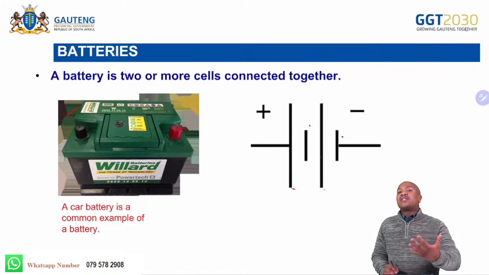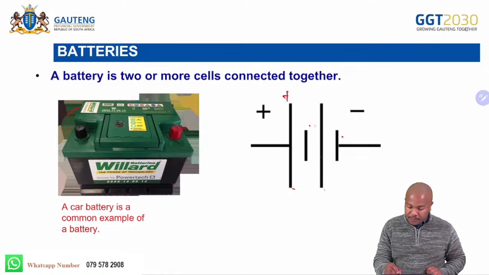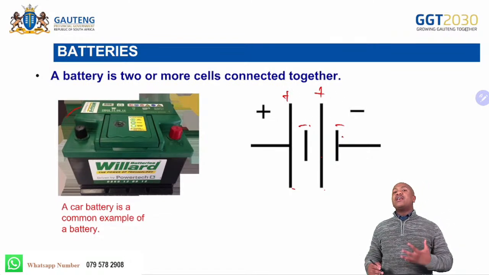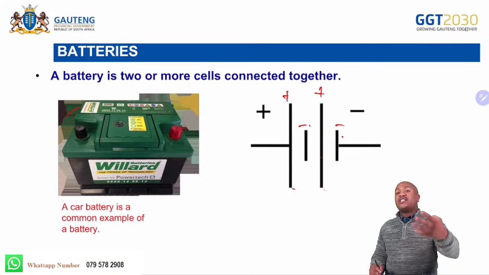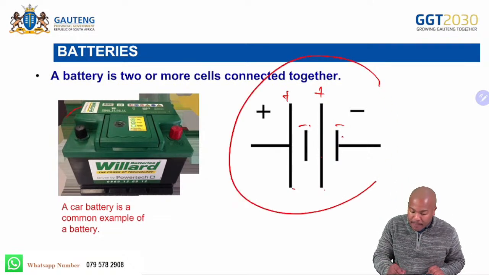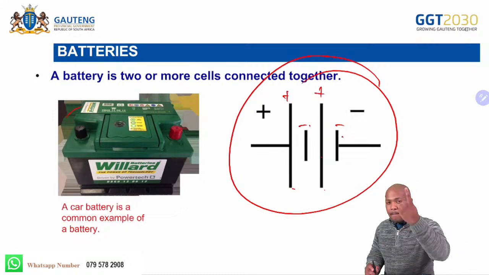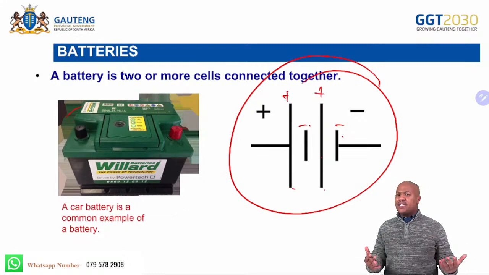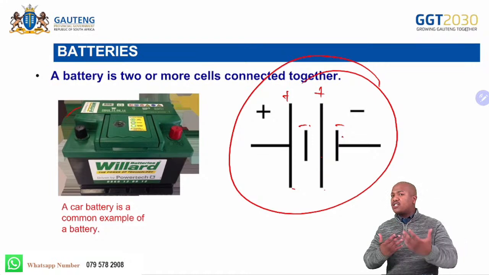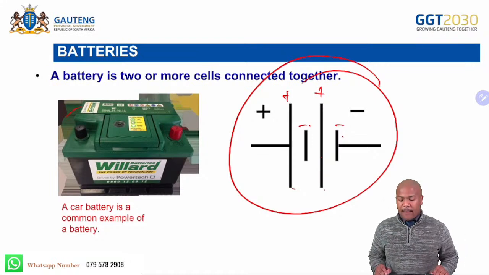This is to illustrate that this is what? A battery, right? This is positive, this is negative, this is positive, and this is negative. These are 2 cells connected together to bring about this one battery. Does it make sense now, right? It is 2 or more cells connected together, right?